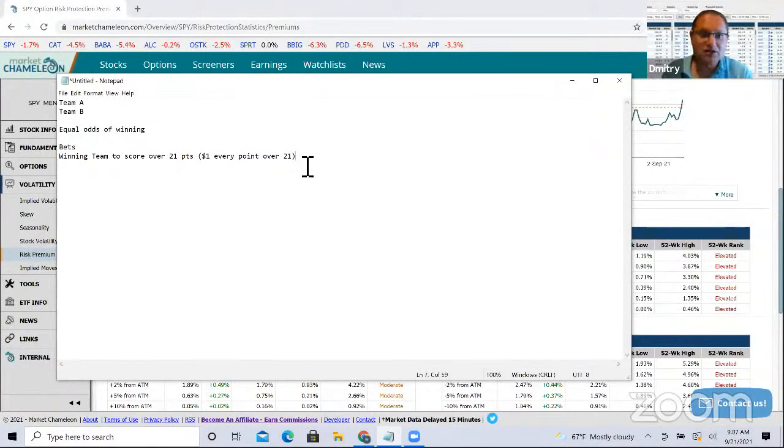The game could be played and neither team scores 21 points, then you don't win. So the winning team has to score above 21. Say this winning team scores 30 points and you bet on that team, then you get $1 for every point above 21, so you get $9. The higher they go, the more you win. If they score 22, you get $1.